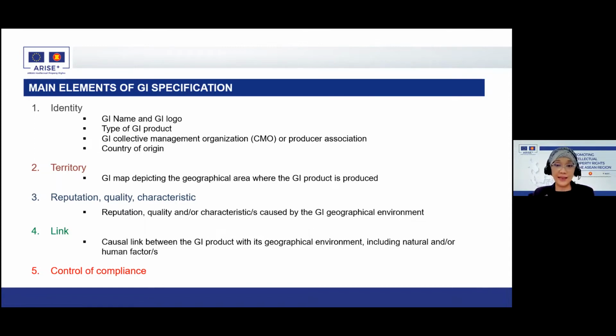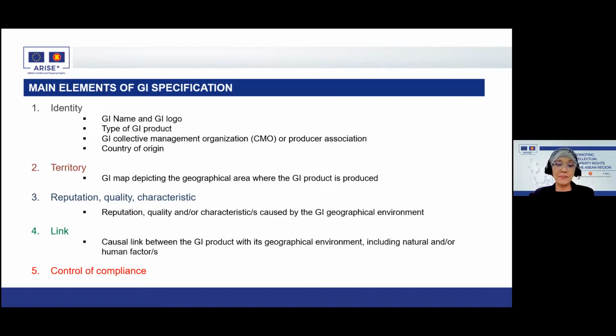Secondly, the territory, not the country of origin's territory, no, but the special map. I like to use the term GI map because this is different from a geographical map or administrative map of municipalities or regions. No, it's different. This is a GI map.